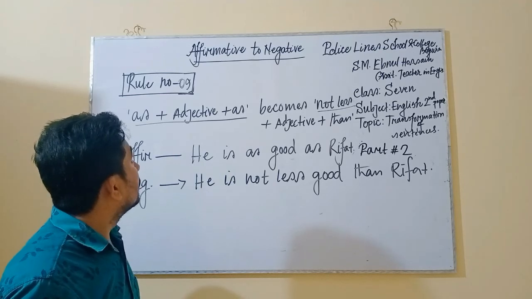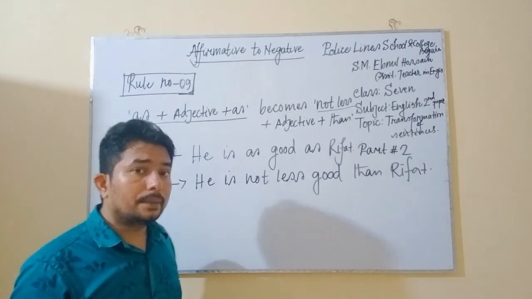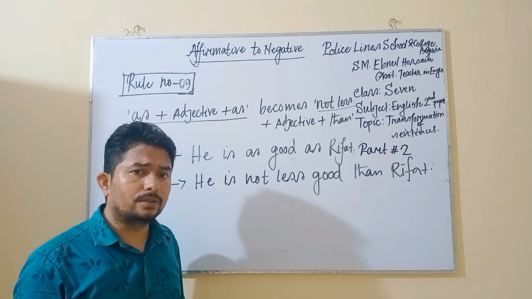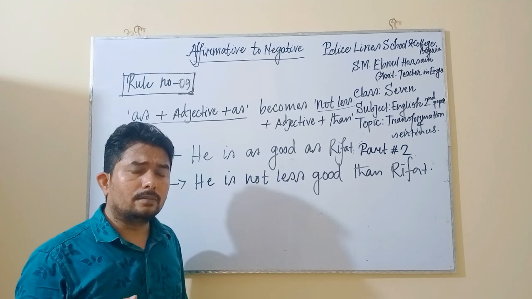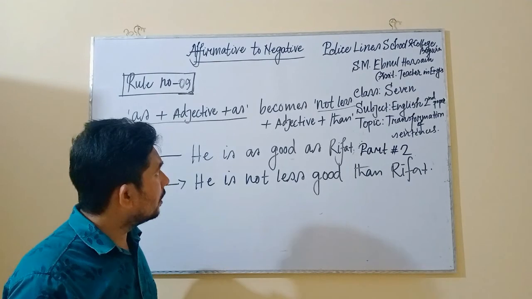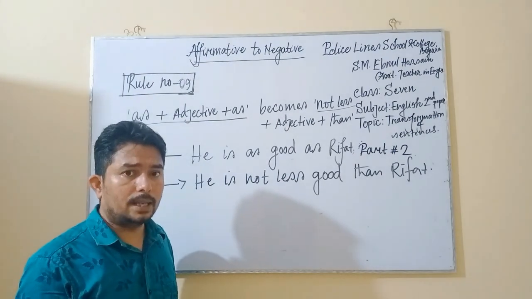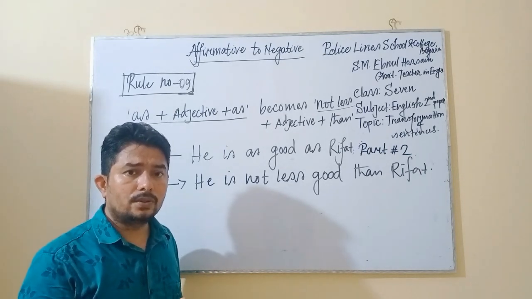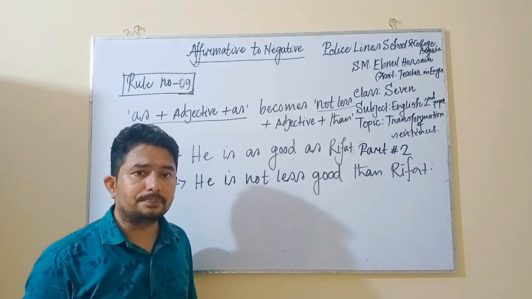These rules are very important; getting the rules is not the real factor, but you have to understand them and practice them, and by following the rules you have to change the affirmative sentences into negative sentences. So practice the rules and gain mastery over the transformation of sentences.